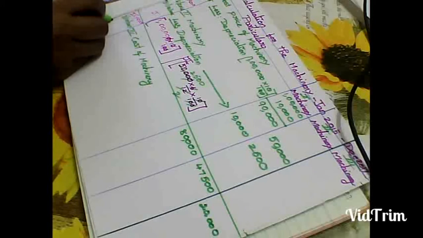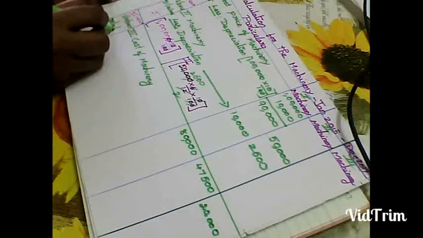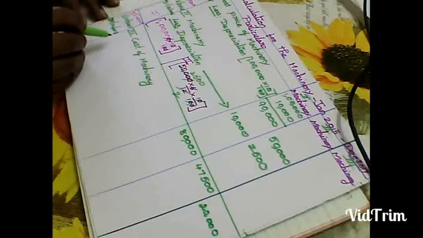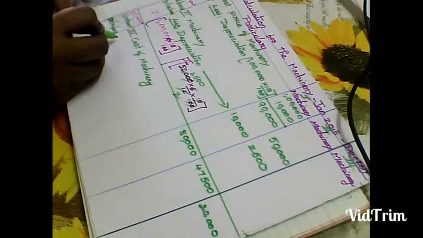And now we are going to charge the depreciation. So after purchasing, our next work is to charge the depreciation. So 2017. Here we are going to close up the 3 years, first year, second year, and third year.